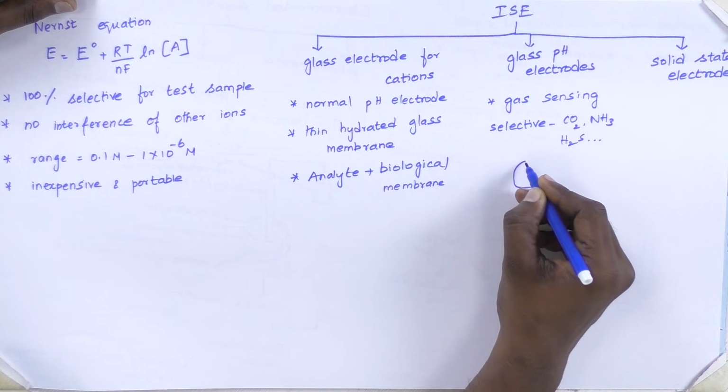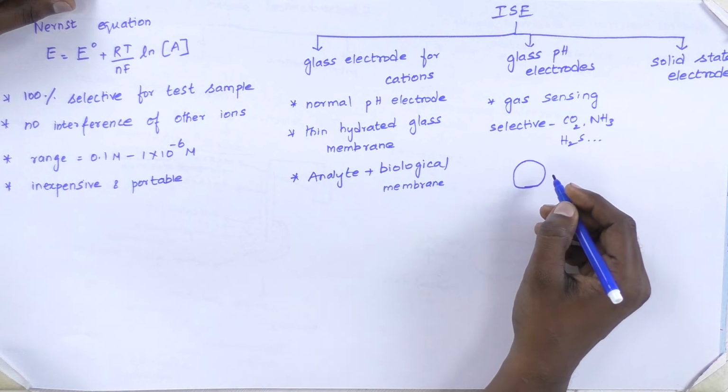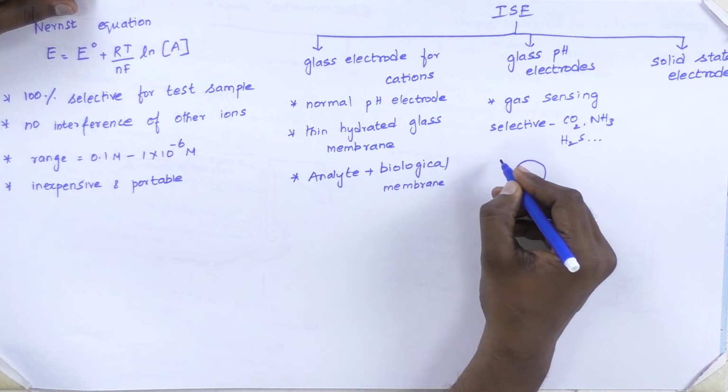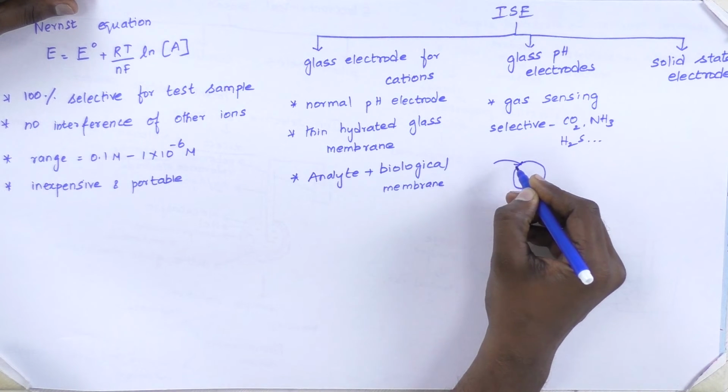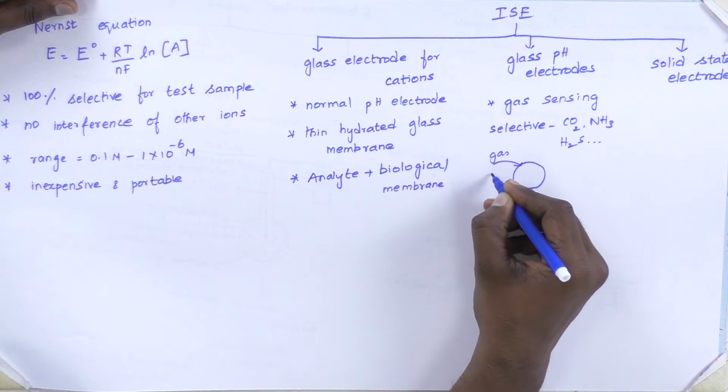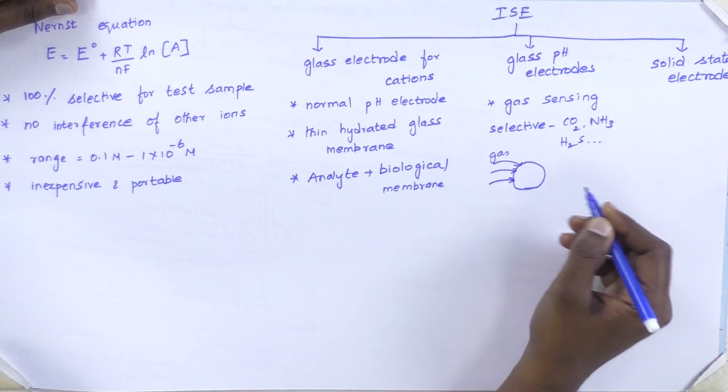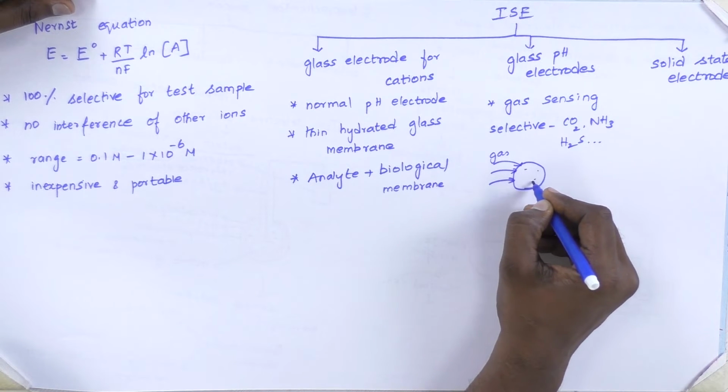If a solution consists of gas molecules, the gas molecule diffuses through the membrane and reacts with the biological material present in the electrode. The chemical reaction indicates the presence of gas in that sample.